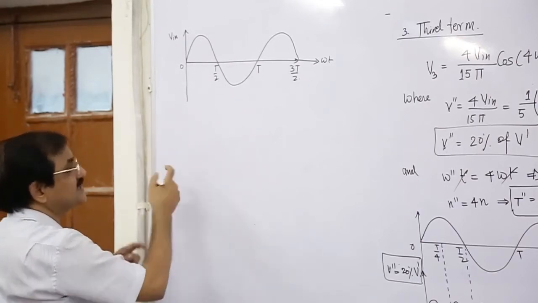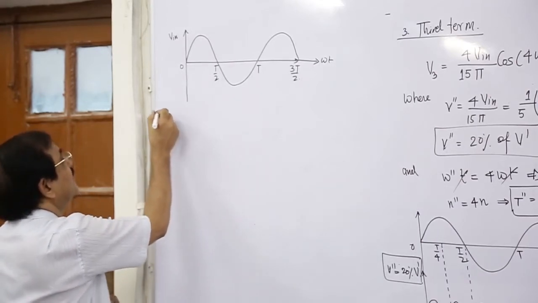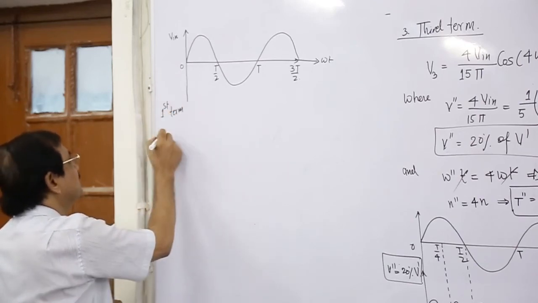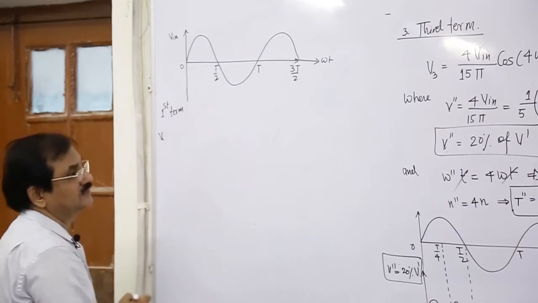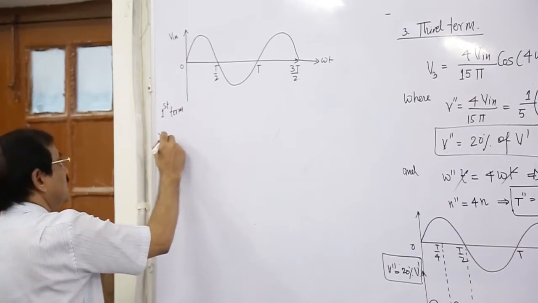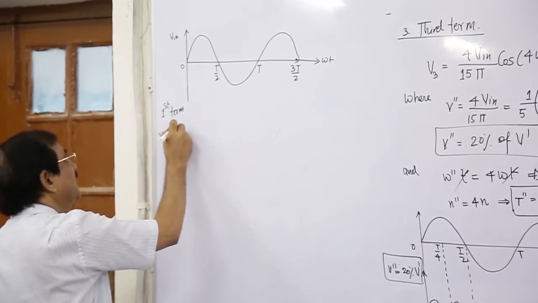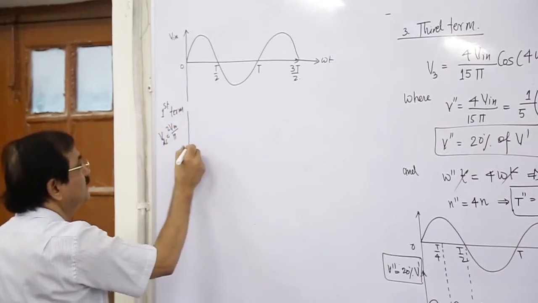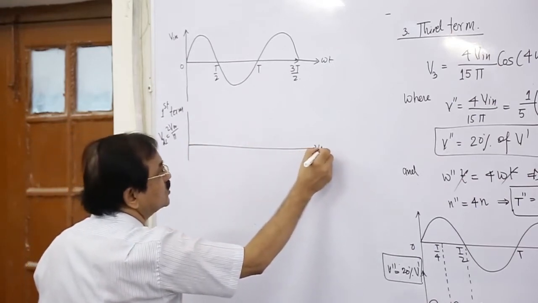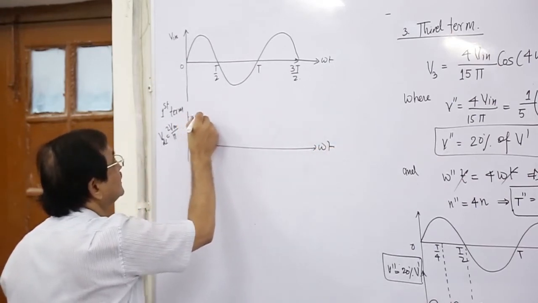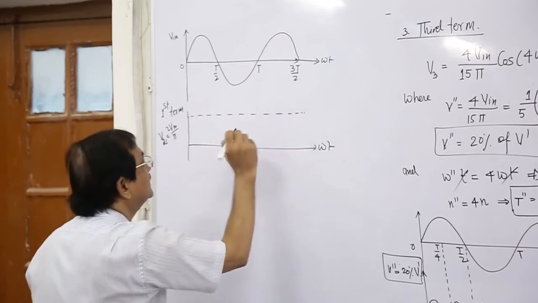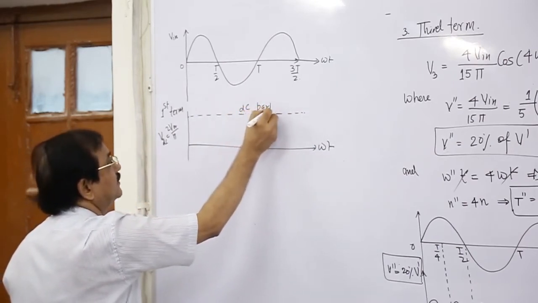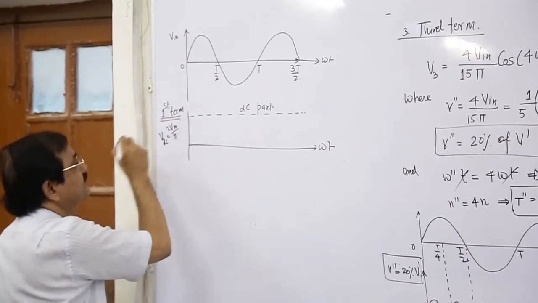So, the first term, that is DC, is V DC. V DC is equal to 2 V in upon pi. So, this is omega t, and this is the DC part, the first term.